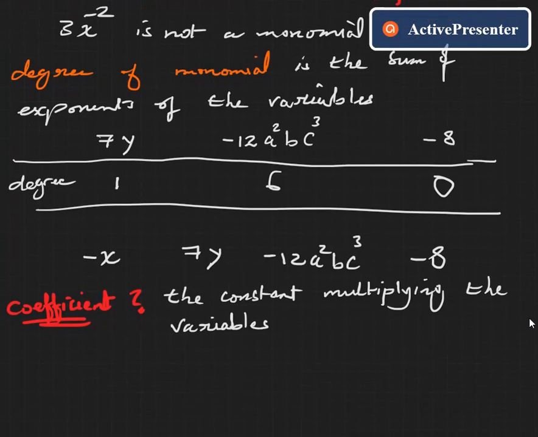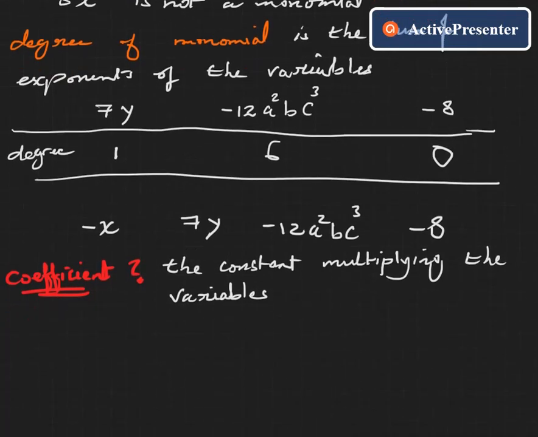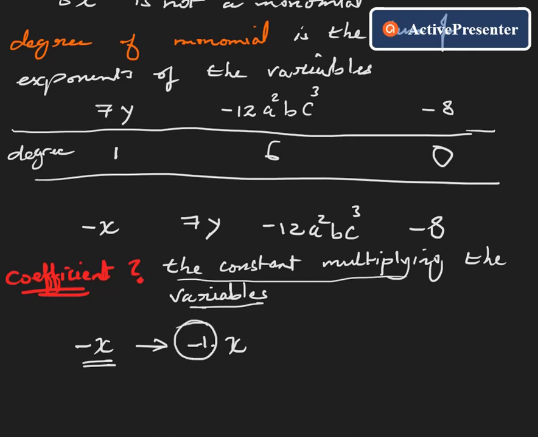What is the coefficient in the case of minus x? We know minus x is minus 1 multiplied by x, so the coefficient of minus x is minus 1.